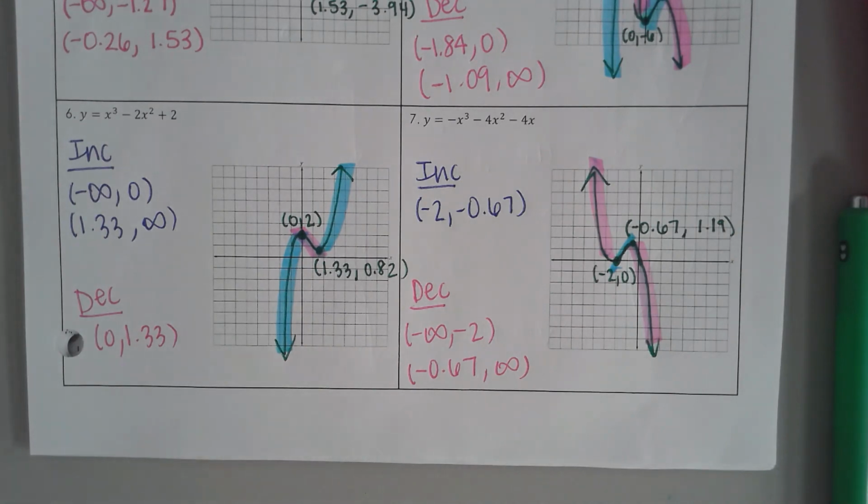However, on the test, a range of answers will be allowed, as long as you're really close. I'm not going to take negative 0.9 as opposed to negative 0.67, but I will take negative 0.6 or negative 0.7, anywhere between.